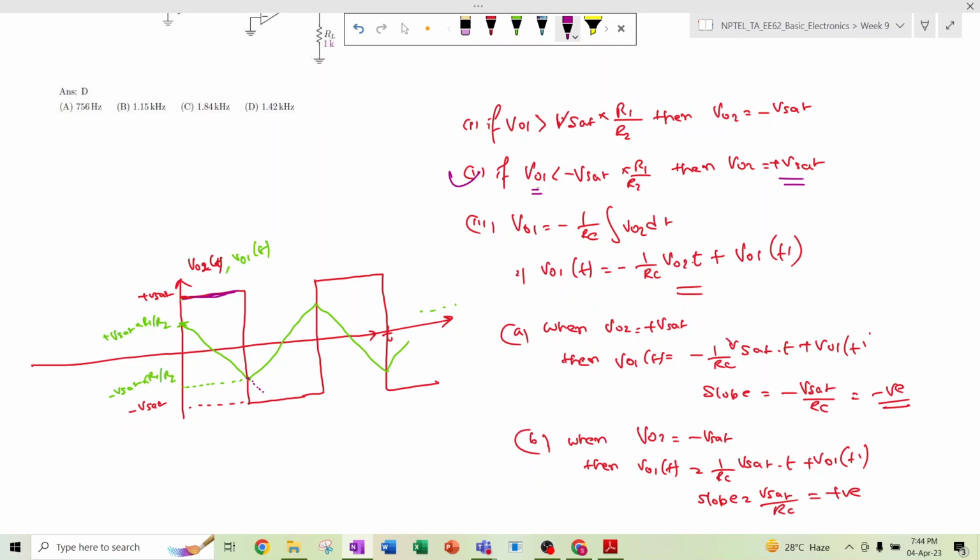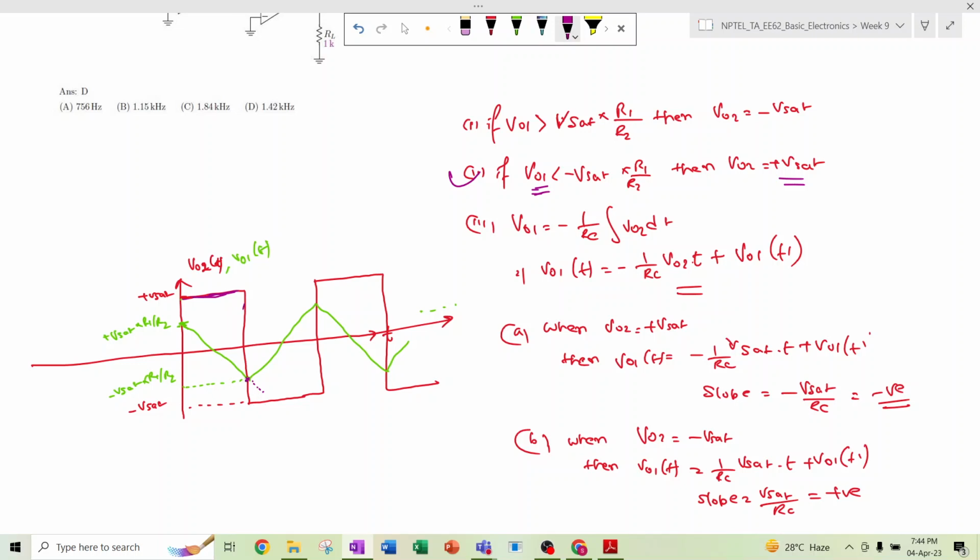Okay, if VO2 is in plus Vsat condition, then what is happening? If VO1 is greater than this thing, Vsat into R1 by R2, then it becomes minus Vsat. So once it becomes minus Vsat, what is happening?